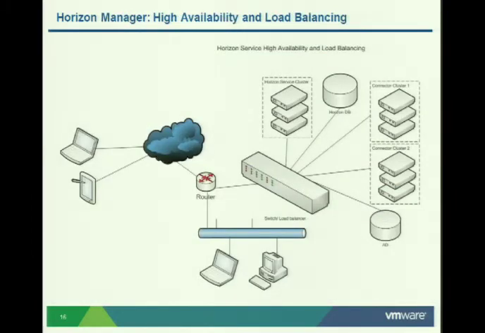High availability and load balancing. We do not have any native load balancing in the product today, so you will have to set it behind your existing load balancers in your infrastructure. But for high availability, we do support cloning and clustering of the service appliances. The reason we would recommend cloning the appliances and then reconfiguring the name and the IP is because you're actually taking over the certificates, the encryption keys, and everything else that makes up the identity pieces of the Horizon solution.